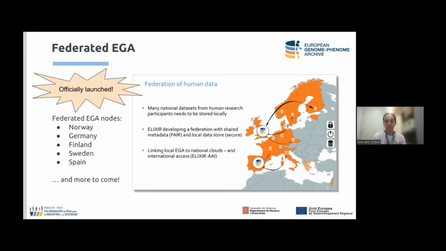So I am really glad to say that Federated EGA is now a reality, and we have officially launched with 5 federated EGA nodes, which are Norway, Germany, Finland, Sweden, and Spain, and we are looking forward to the second wave of federated nodes.